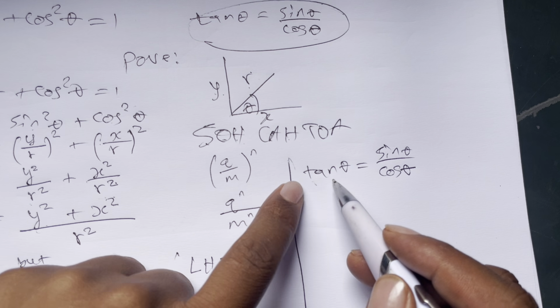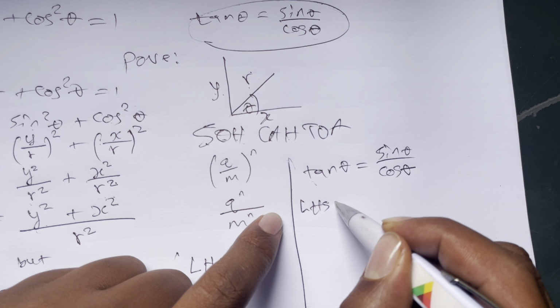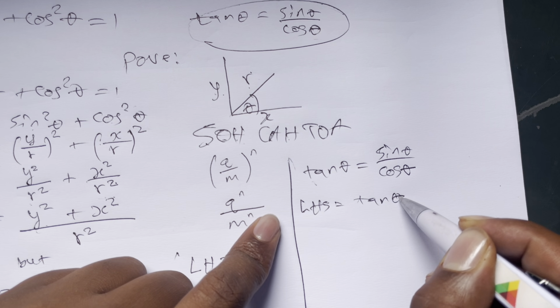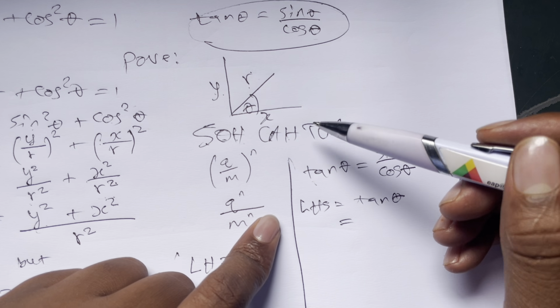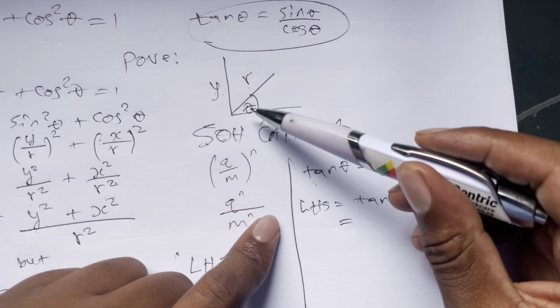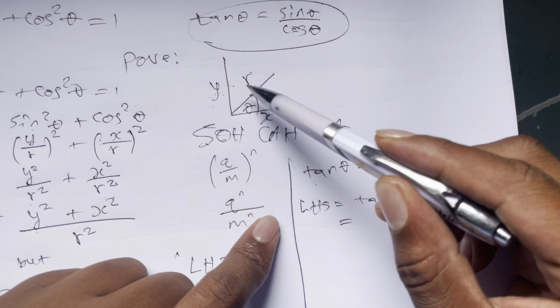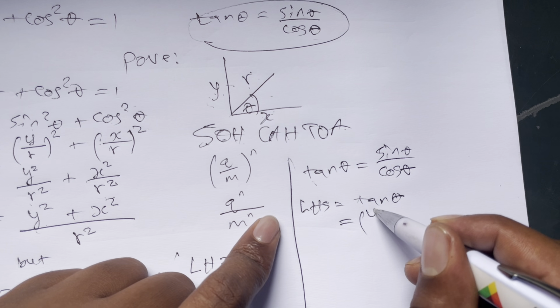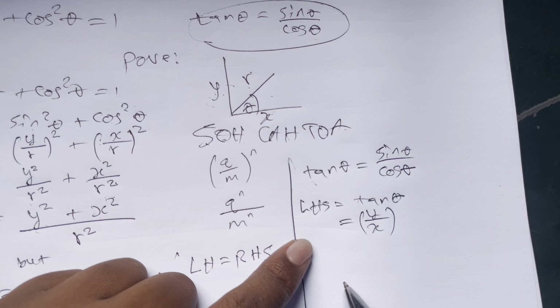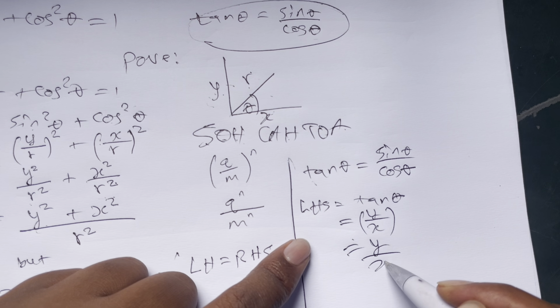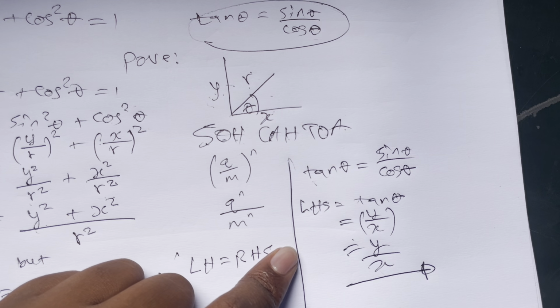So let's start with the left hand side. Left hand side equals tan theta, but tan is opposite over adjacent, y over x. So it's just y over x. That's your left hand side.